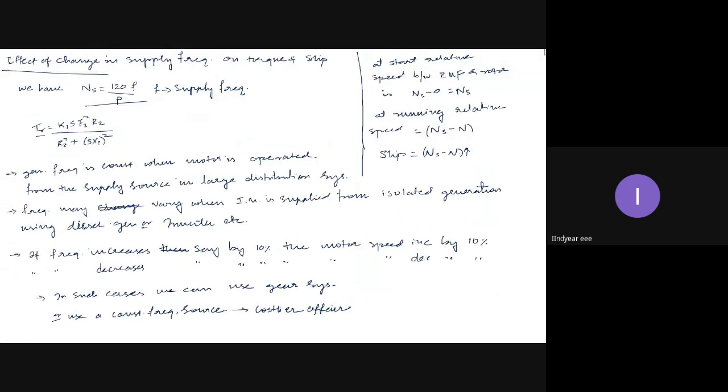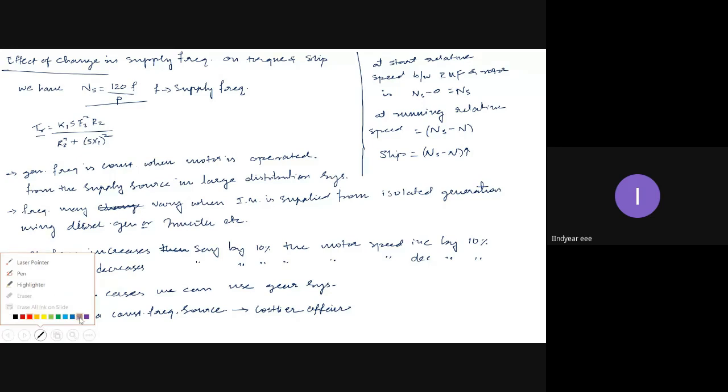In the second case, we saw how the variation in the frequency affects the performance of the machine. With the variation in the frequency, the speed directly varies. If the frequency is increased, speed increases. If the frequency is decreased, speed decreases.